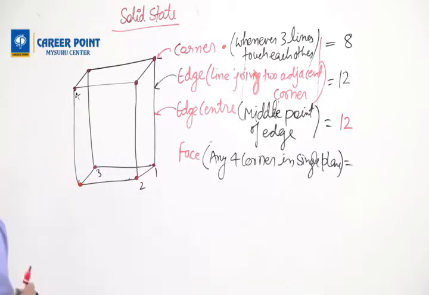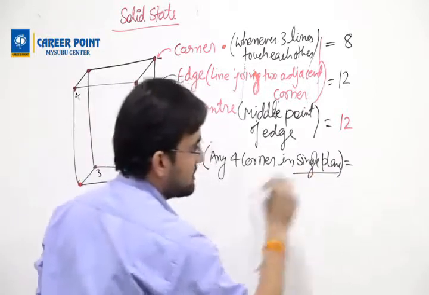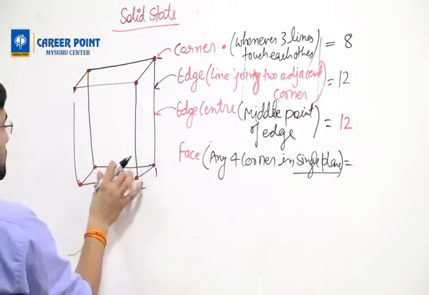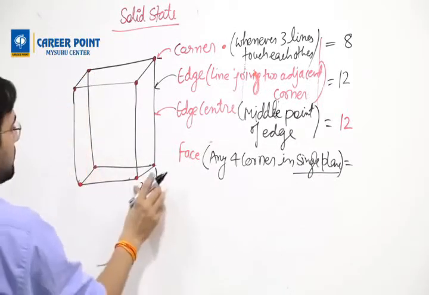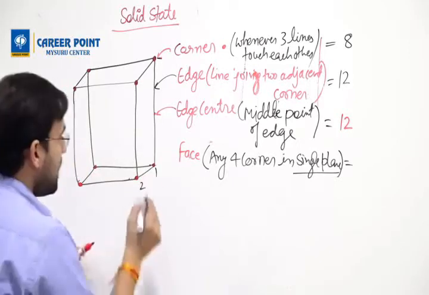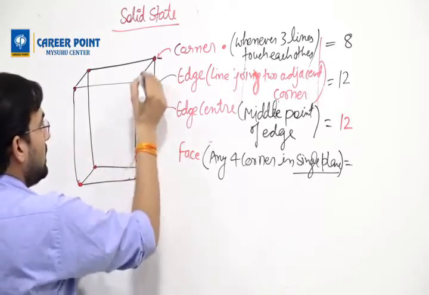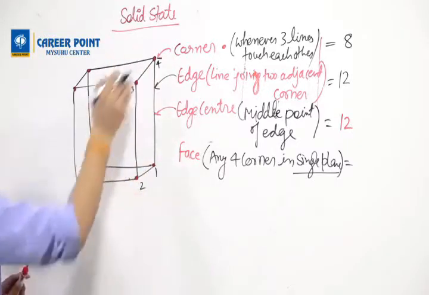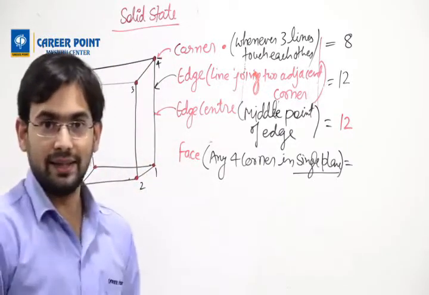No, this won't create a face because they are not coming in a single plane. So that is not the correct way to take corners. Any 4 corners, but it has a condition. If you take this 1, 2, 3, 4, then you get a single face.